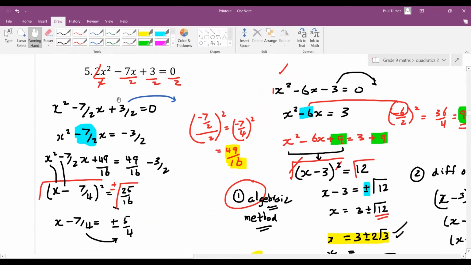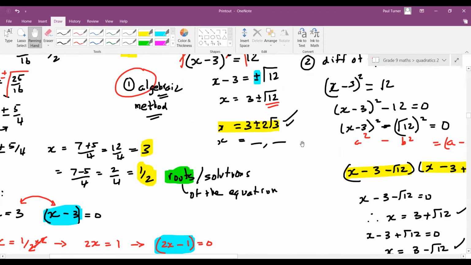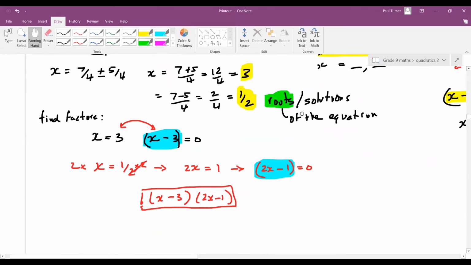I would factorize quicker. Factorizing would have been better for this question, but not this one here because you've got root 12. So that one would have been difficult to factorize easily.